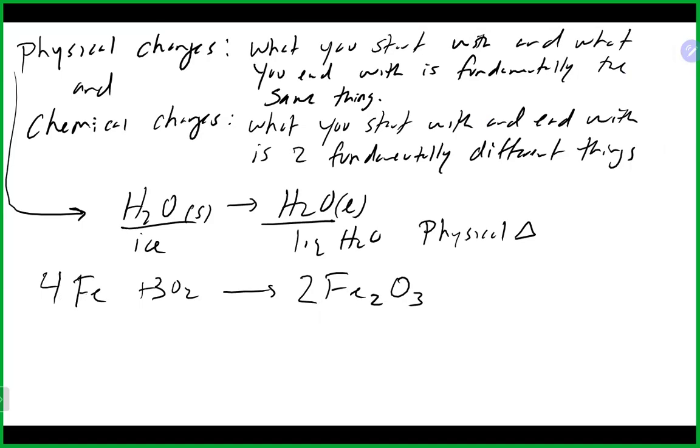So this is a chemical change. What we start with and what we end with are two fundamentally different things. On the left-hand side, iron and oxygen are separate from each other. They have chemically bonded on the right-hand side. Make a little iron(III) oxide, some rust, and you can do what you want to the rust, but it will never go back to iron and oxygen. You could use any type of physical means, you won't be able to get it back.